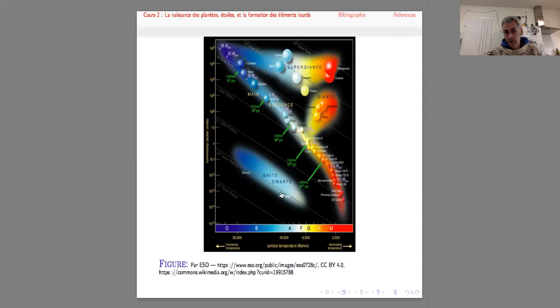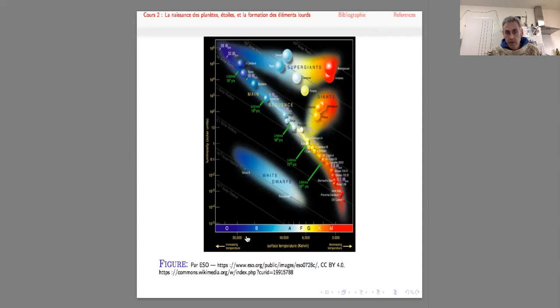So this line here, I'm not sure if you can read it, but you might have to download this PDF, which I will send to you. It says here 30,000 degrees in Kelvin. But this is a logarithmic scale.